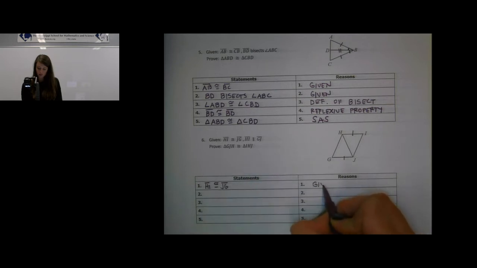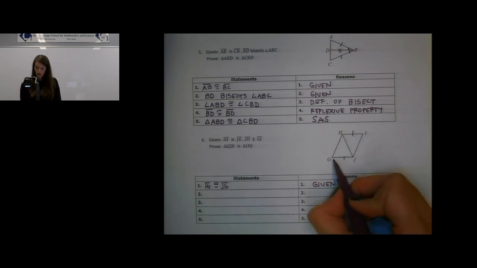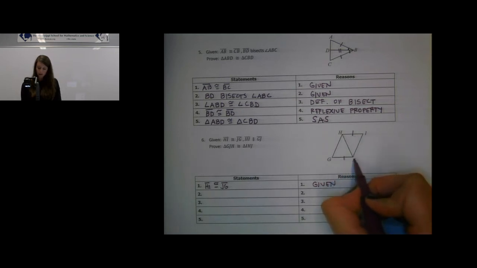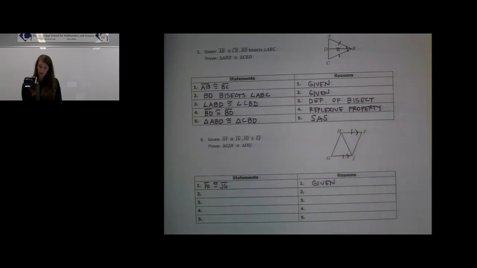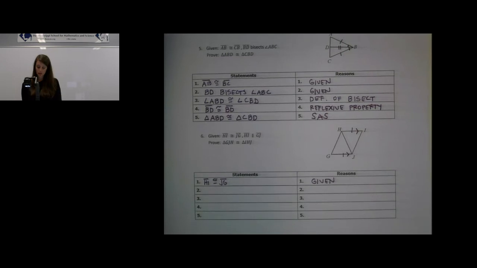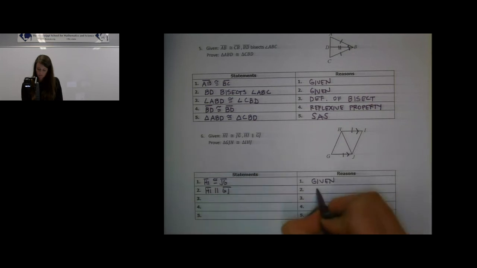So that is given. Okay. HI is parallel, okay, so what does that mean? That means that HI is parallel to GJ, sorry.